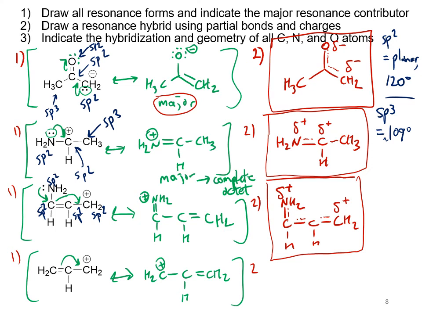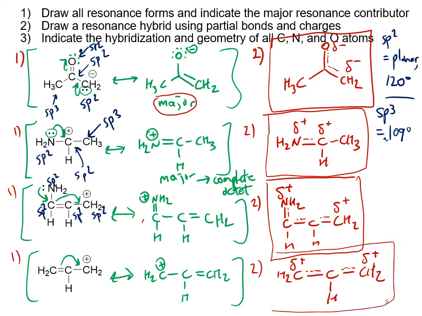So we have shared those, and then what we see is that double bond character is shared between both of those bonds. So partial bond, partial positive here, and partial positive there. So that is our resonance hybrid in this case. Once again, all three of those carbons are going to be sp2 hybridized.